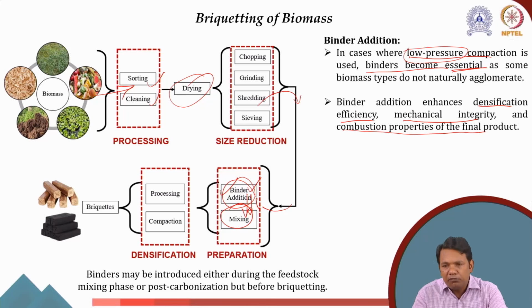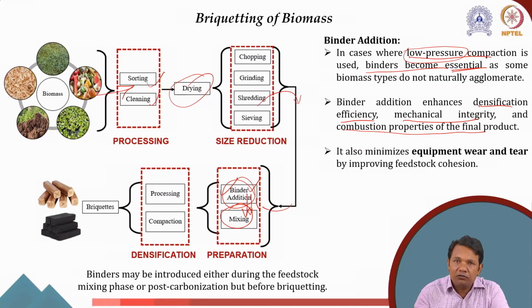So they improve the combustion property of the final product. Besides that, the use of binder doesn't only help in briquettes, but they also help in minimizing the equipment's wear and tear. Because when there is an improved cohesion between the feedstock, the wear and tear of the equipment will reduce.